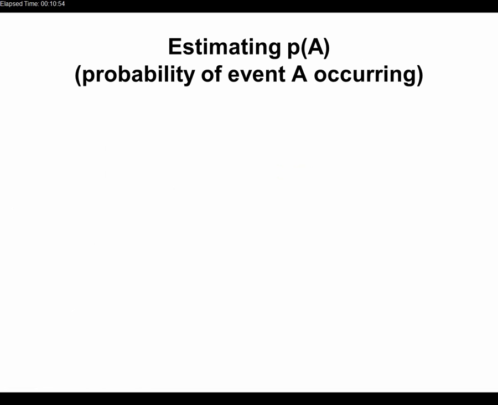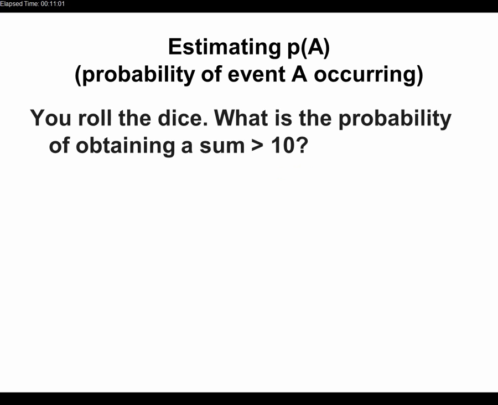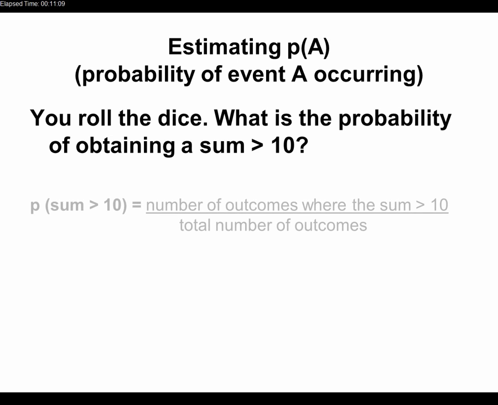Okay, so let's go to estimating the probability of event A occurring. Let's say we roll two dice. What is the probability of obtaining a sum greater than 10? Well, it's the number of outcomes where the sum is greater than 10 over the total number of outcomes. How many dice are there? There are 2 dice.